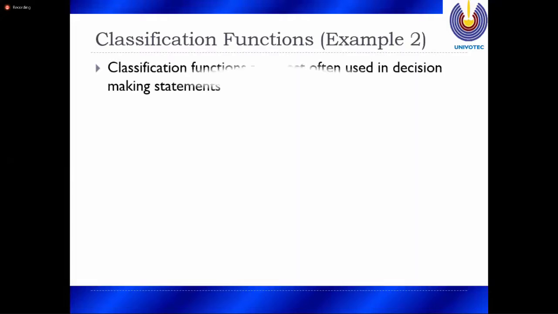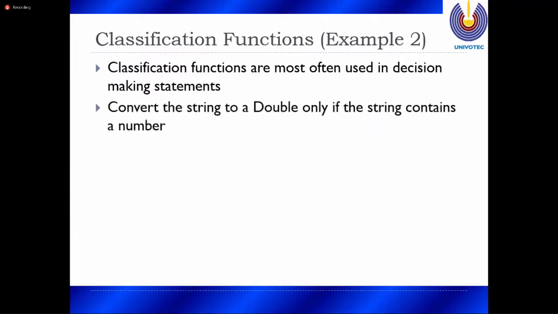The classification functions are most often used in decision making statements, because true or false is the basis of decision making. Convert the string to double only if the string contains a number. If the string contains a number, then you can convert it to double or any other data type.